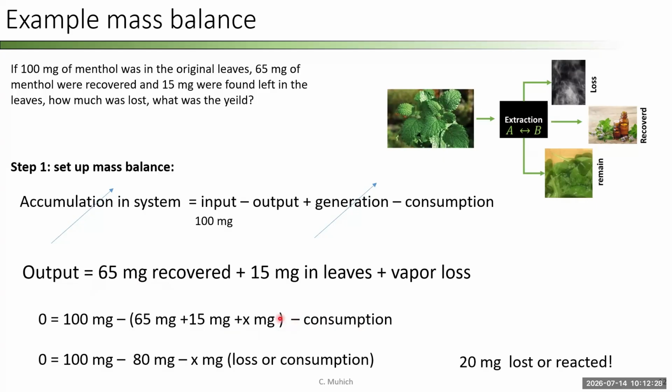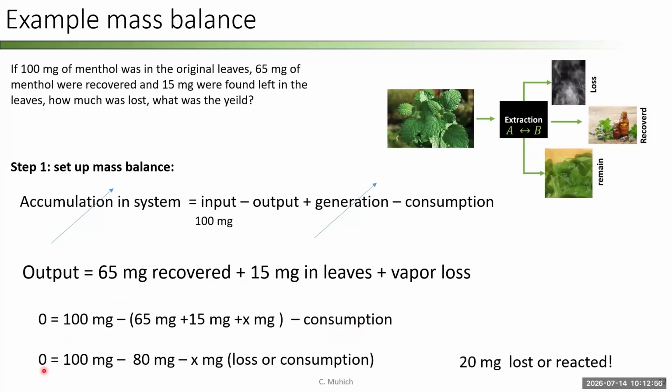For our intents and purposes, when trying to figure out how much menthol we've lost, we don't really care whether that menthol was lost due to vaporization or some sort of degradative mechanism. So I'm going to combine the x milligrams of vapor loss and the x milligrams of consumption.